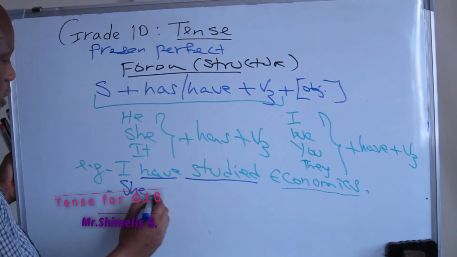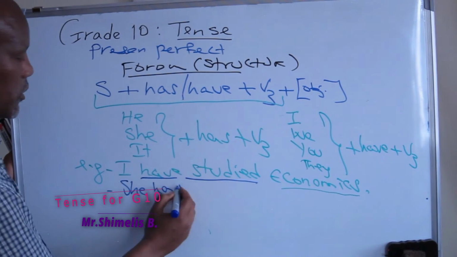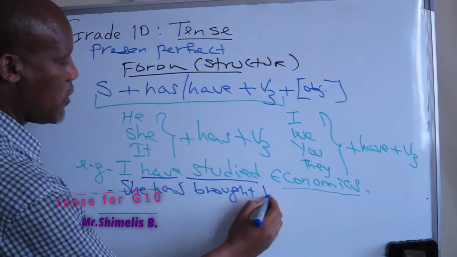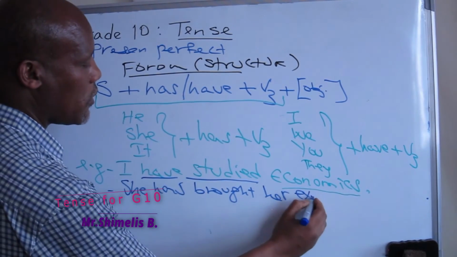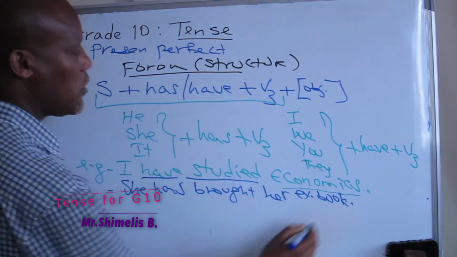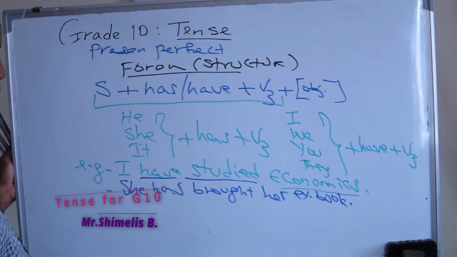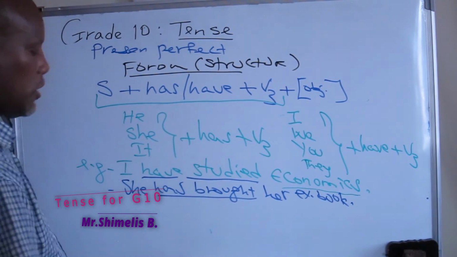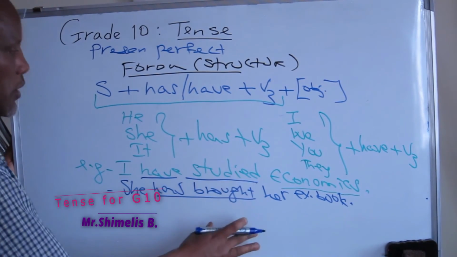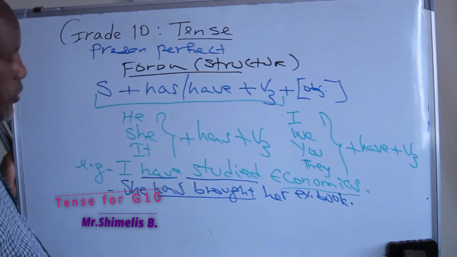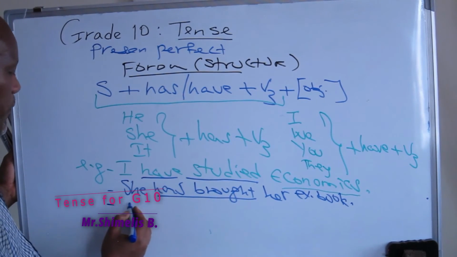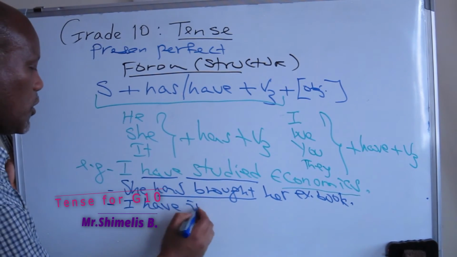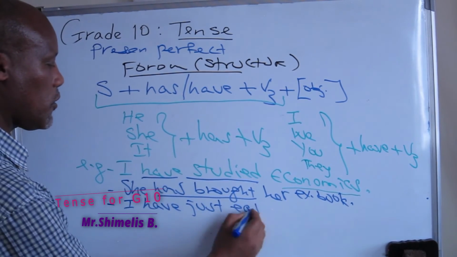She has brought her exercise book. So has brought is a perfect action. Now currently at this time her exercise book is with her. Or you might say, I have just eaten.